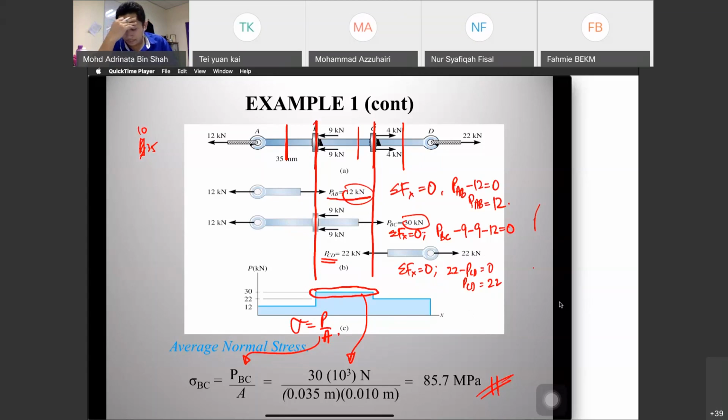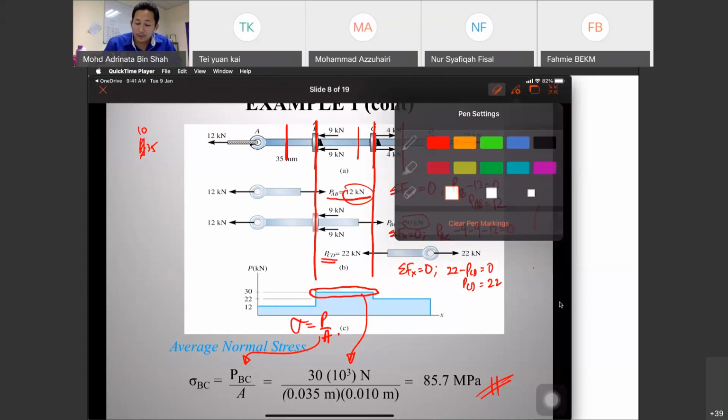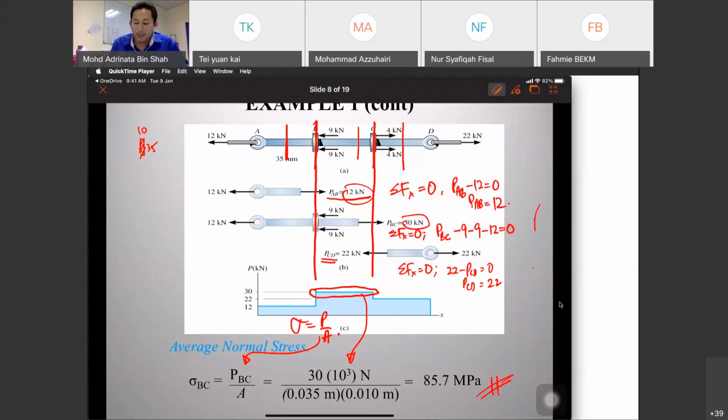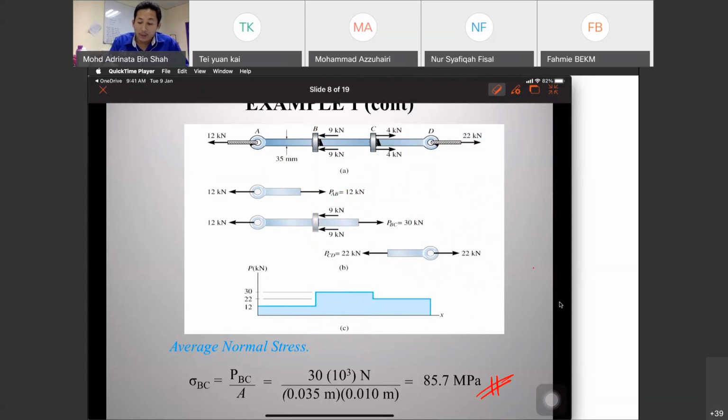Oh, okay. Okay. Just to be clear lah. Bagi nampak. Okay. In this part, I've shown this one. Okay. This is in the figure.